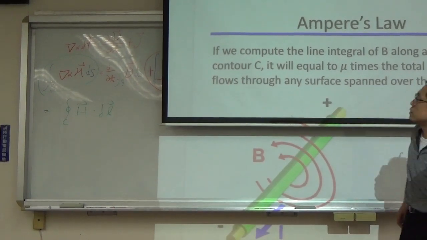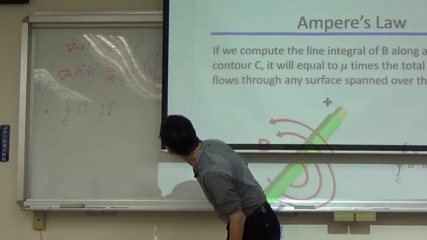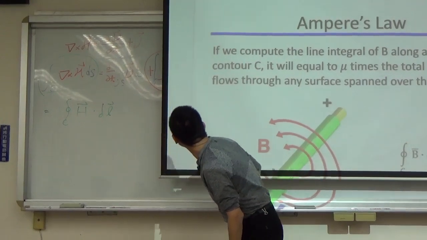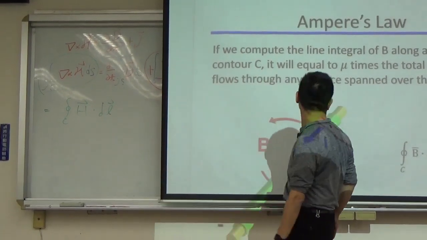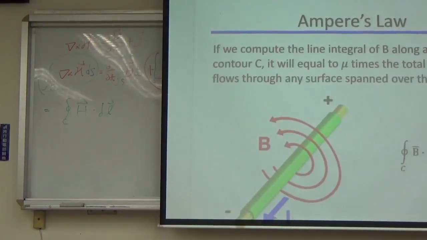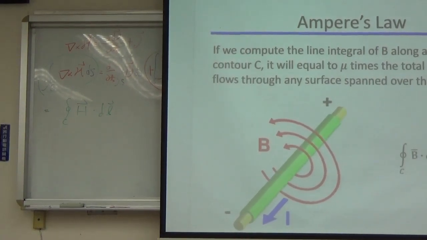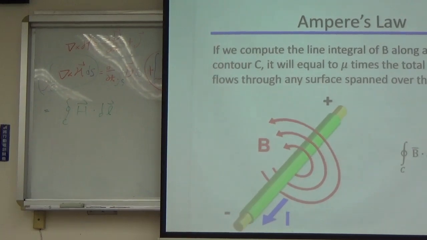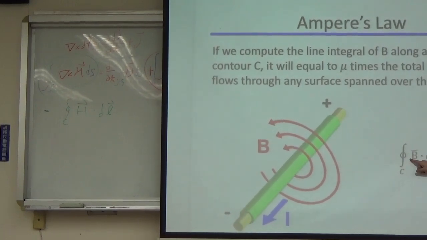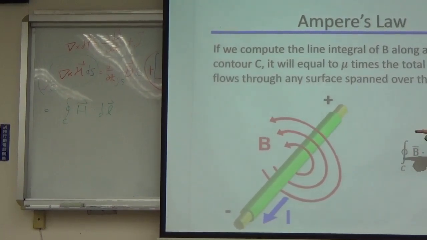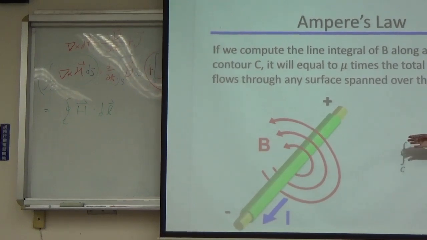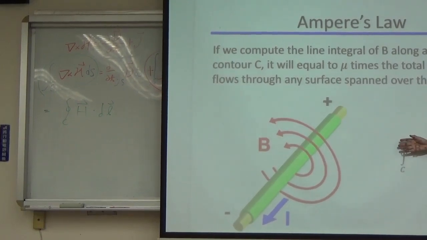We miss something? Actually you don't miss anything, because you can divide B by mu and become H. You move the mu to this part, and you know Ampere's law.